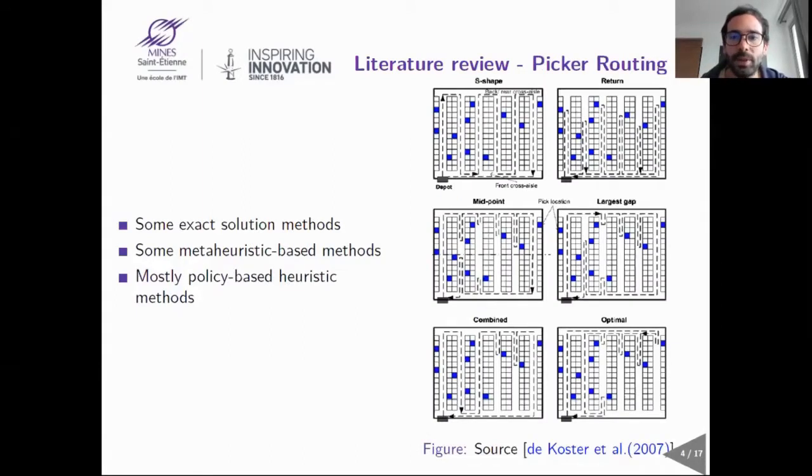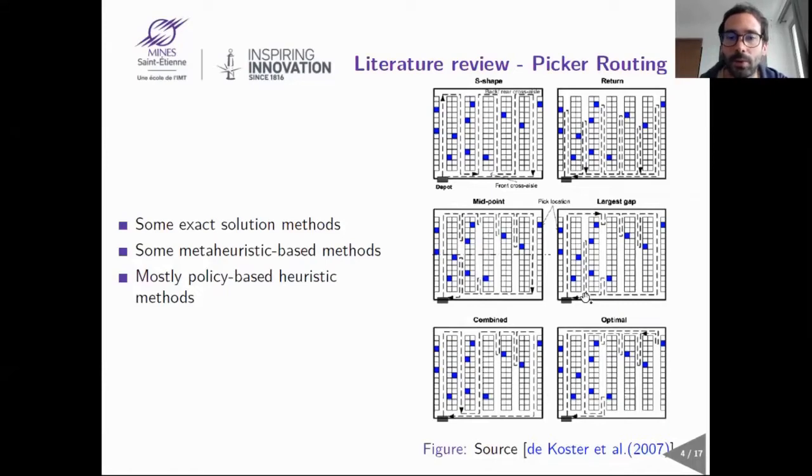About picker routing, there are as well several solution methods that have been proposed in the literature, some exact methods, some heuristic and metaheuristic based methods. But what is mostly used in the literature and in the industry as well are policy-based methods, where a simple set of rules is used to determine the picking route of a picker.